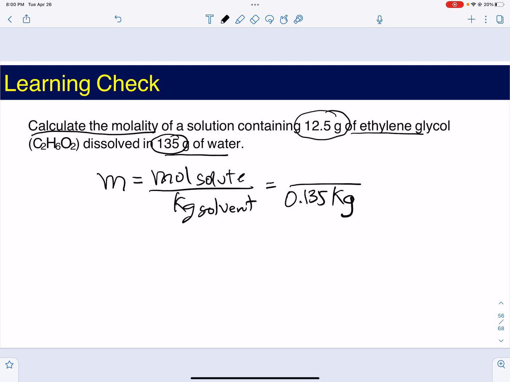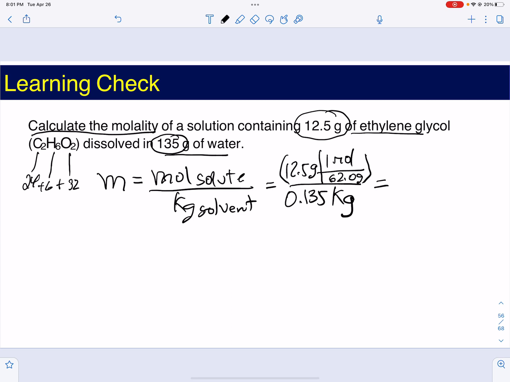And ethylene glycol is 12.5 grams, but we do not want the mass. What we want is the moles. So we can do 1 mole of ethylene glycol is going to be 24 plus 6 plus 32. That's going to be 62.0 grams.